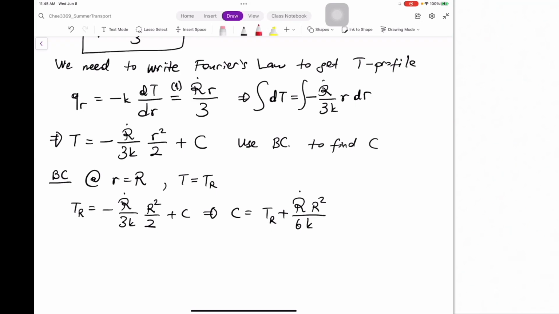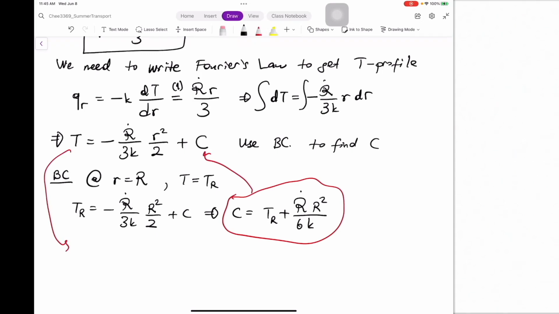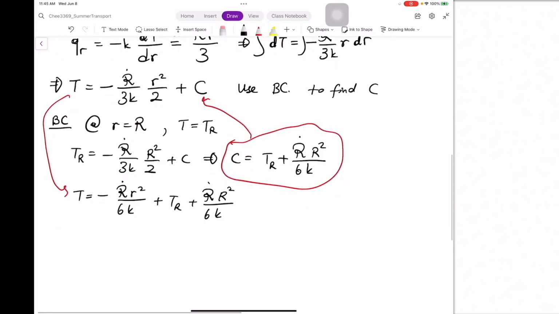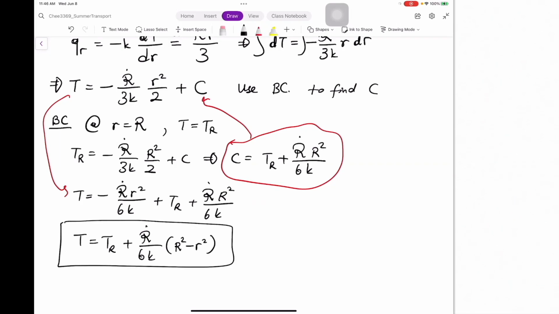And you plug the C in here, and you would get T is equal to minus fancy R dot R squared over 6K plus TR plus fancy R dot R squared over 6K. Or if you rearrange, you can write it as TR plus fancy R dot over 6K times (R squared minus r squared). That's the temperature profile of the sphere, right?